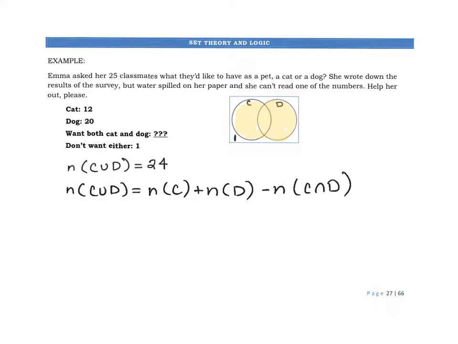So I propose that we know this cardinality, we know the cardinality of the cats, we know the cardinality of dogs, and we don't know the cardinality of who wants both. From here it's just algebra, isn't it? So we have 24 equals 32 minus the cardinality of both.